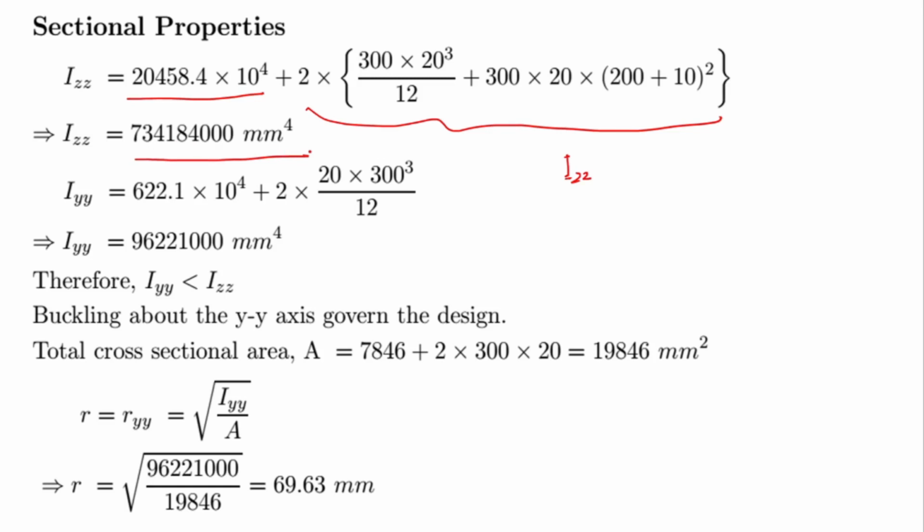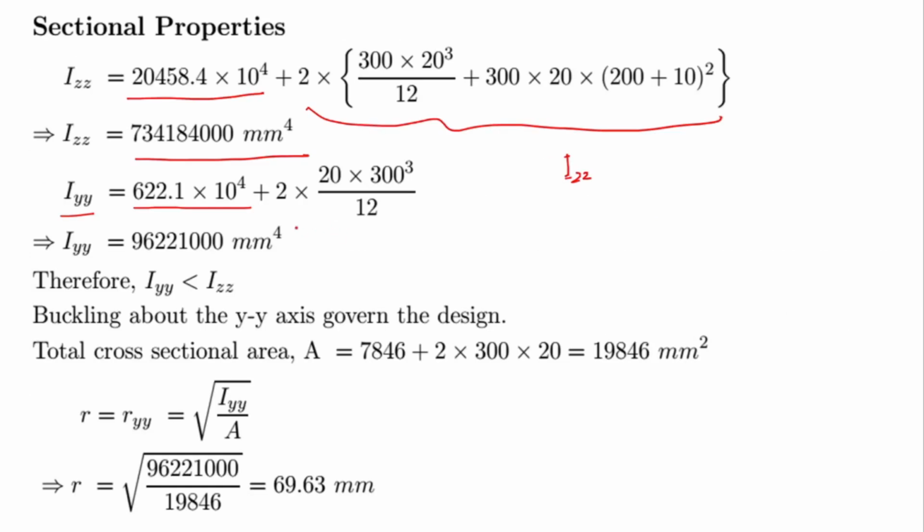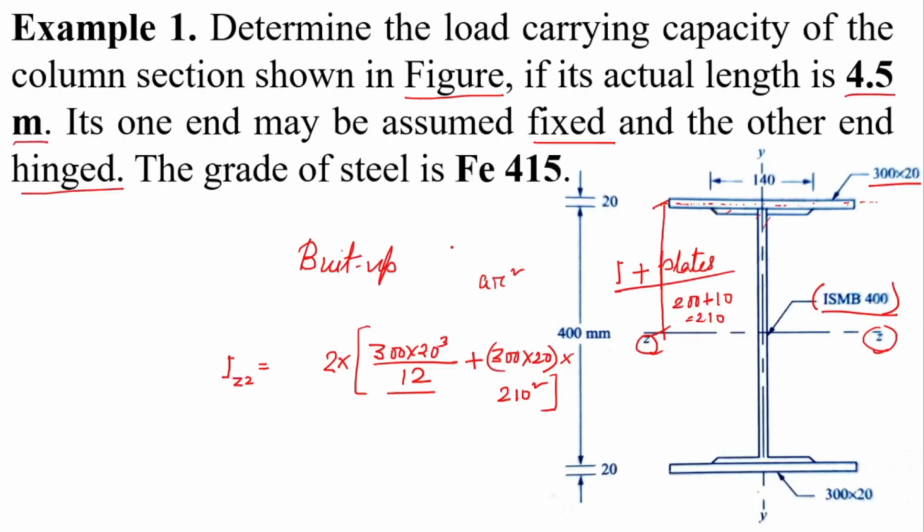Then I have to calculate the moment of inertia of the whole cross section about YY. So first of all I have written IYY for the I section, which I have already noted down here, and it is summed up with IYY for the plate. So this is the YY axis.